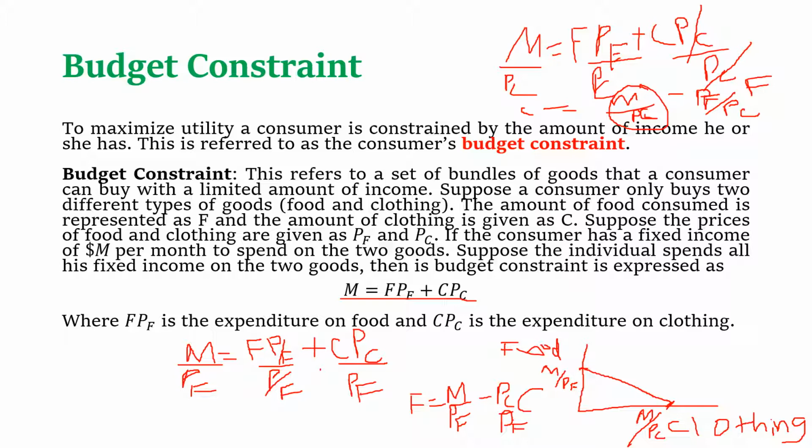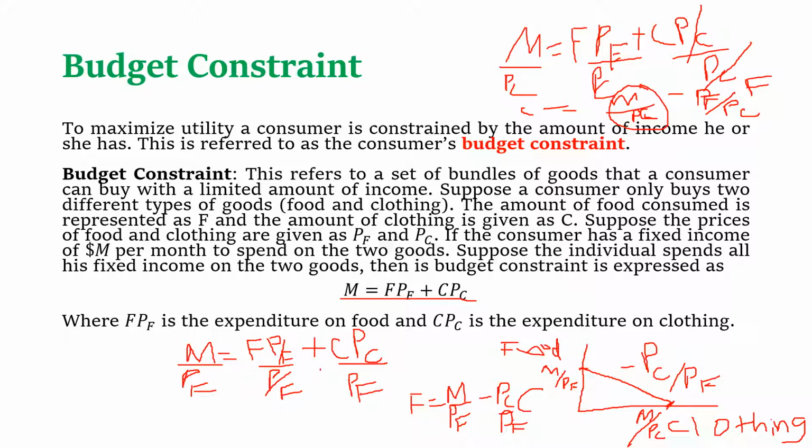So the ratio of the price of the two goods is the slope of the budget line, okay? In this case, we say minus PC over PF, right? So that is the slope of the budget line, and we have to say minus here because that line is downward sloping. It has a negative slope. That's why we have the minus sign there.